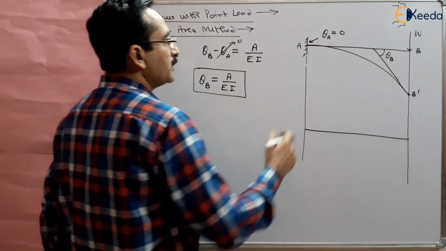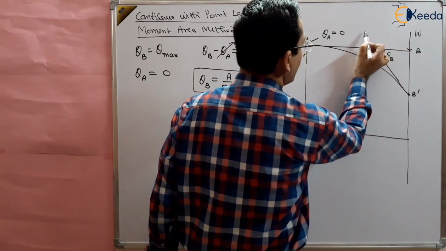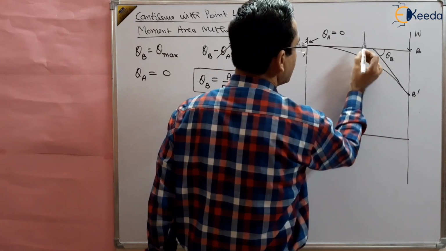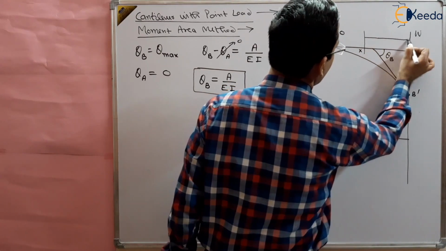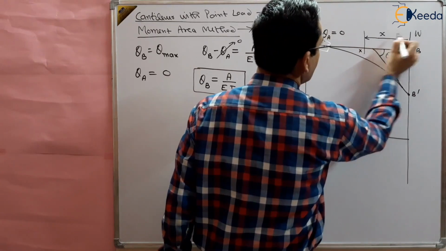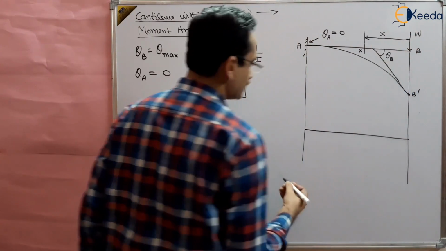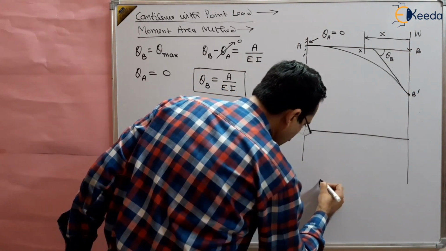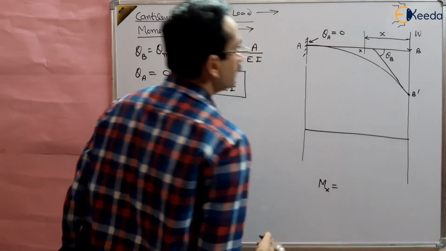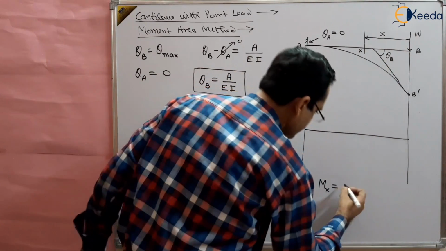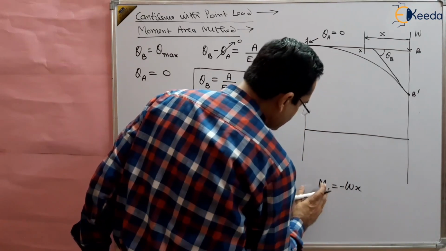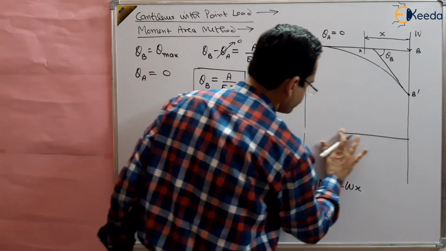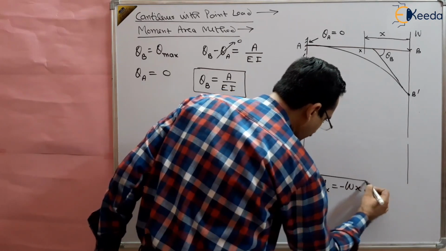We take a section X at a distance of small x from the free end, and the moment Mx will be equal to W multiplied by x. This is the bending moment.